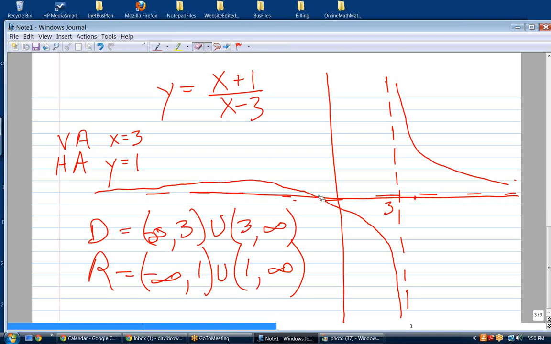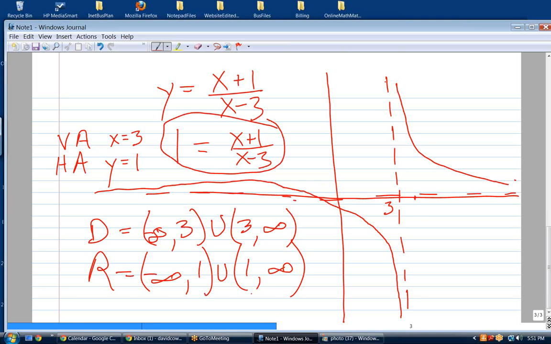But the way you would determine that is: is there a value of x that makes y equal to 1? In other words, can you solve the equation 1 equals x plus 1 over x minus 3? That will tell you whether or not it crosses that horizontal asymptote.